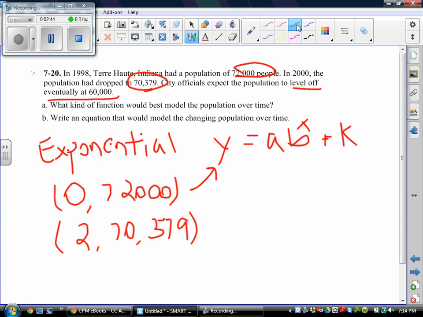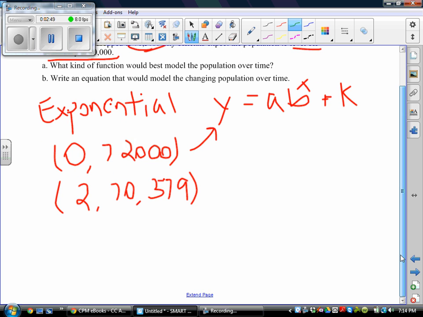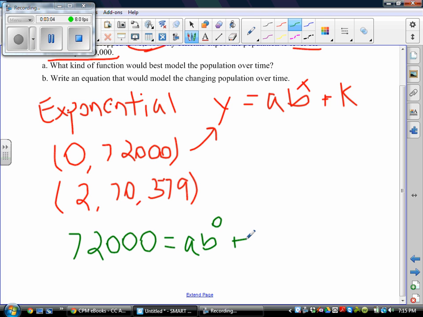We're going to have two equations. So y, which is going to be 72,000, equals a, we don't know that, times b to the 0th power, that was x, plus our asymptote, which was at 60,000. So we need to include this.